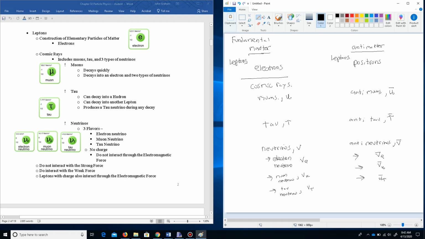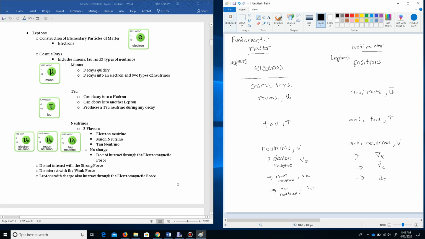Right. So the muon decays quickly, and it will decay into an electron and two types of neutrinos. The tau can decay into what's called a hadron, which I'll get into. It can also decay into another lepton, which leptons are all electrons, muons, and the neutrinos.